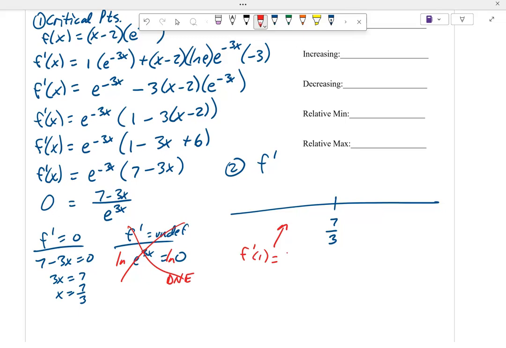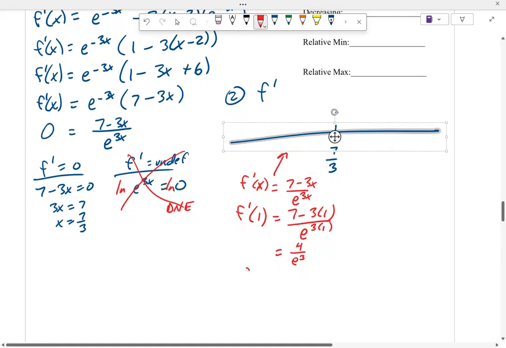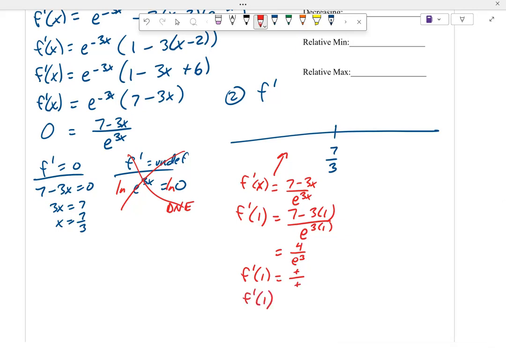Let's leave the f prime of x for a minute. So I got 7 minus 3x over e to the 3x. So f prime at 1 would be 7 minus 3 times 1 over e to the 3 times 1. So I got 4 over e to the 3rd. Now remember, e is 2.718, right? So this is a positive over another positive. So this will end up being a positive value.